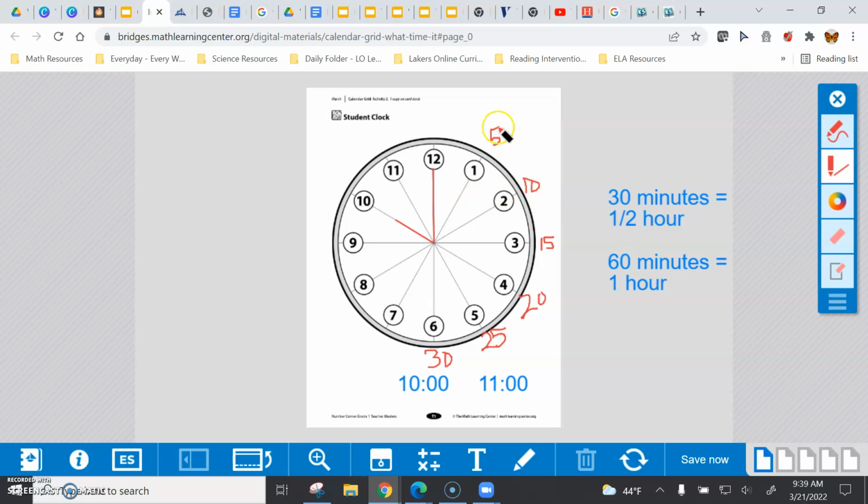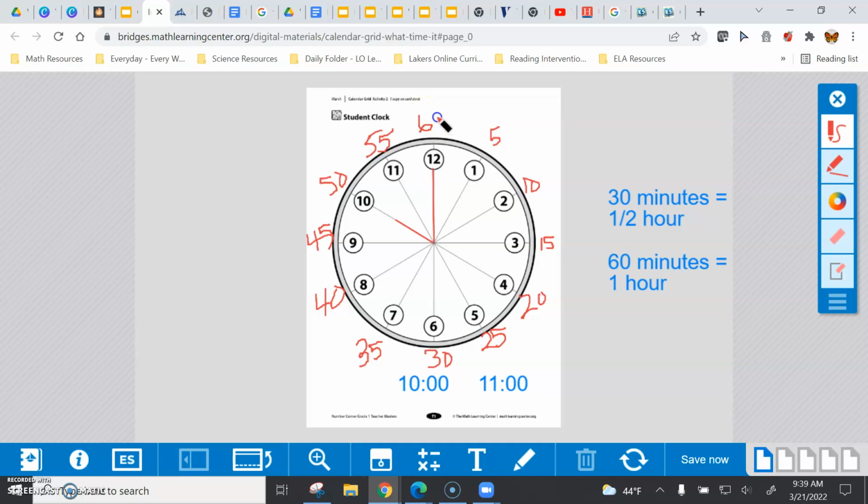If we wanted to show that a full hour of time has gone by, 5, 10, 15, 20, 25, 30, all the way around, 35, 40, 45, 50, 55, 60.